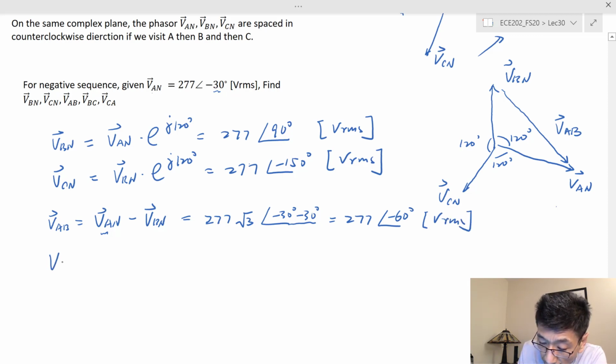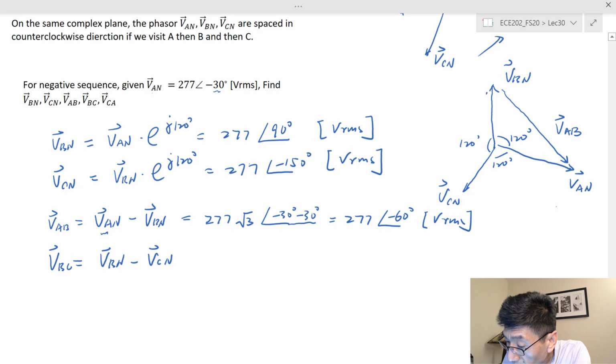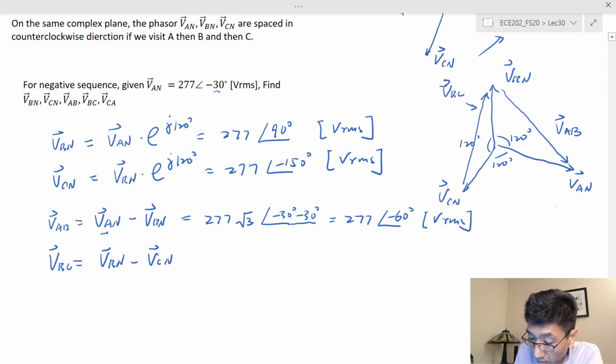And VBC is equal to VBN minus VCN. So then this one I have something like this. So this is VBC. And so this is going to be equal, VBC is going to be lagging VBN by 30 degrees. Right?